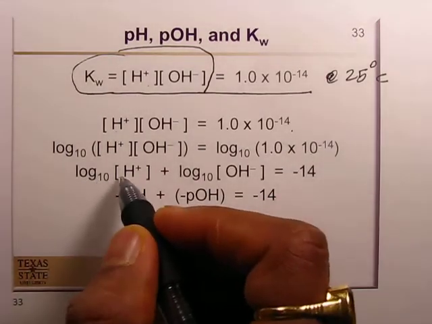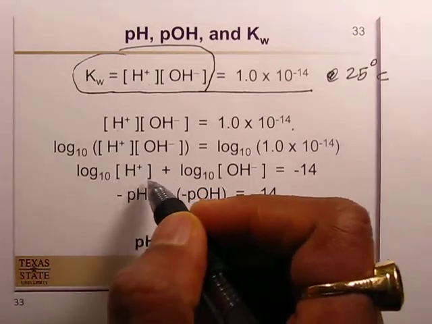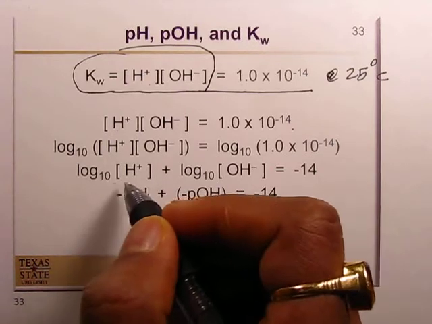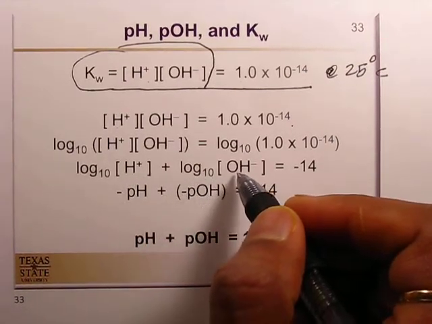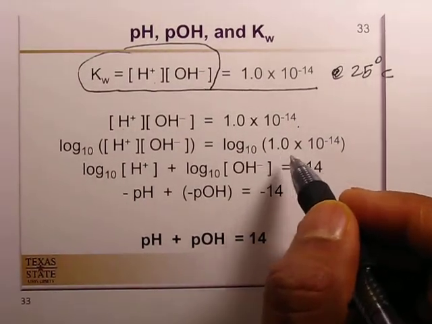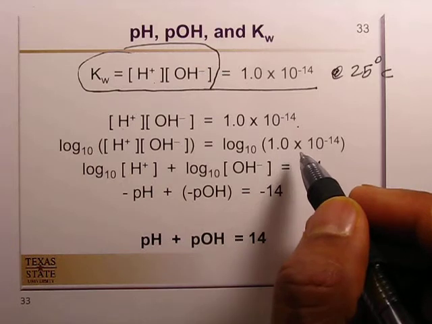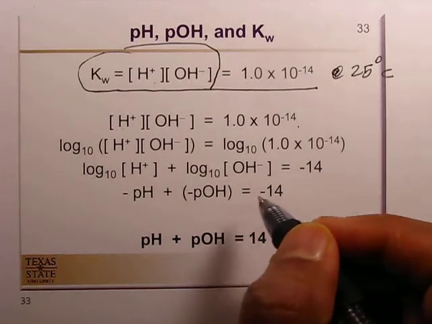Once we open it, the log of a product becomes plus log 10 hydrogen ion concentration plus log 10 hydroxyl ion concentration, and the log 10 of 1.0 times 10 raised to minus 14 will be minus 14.